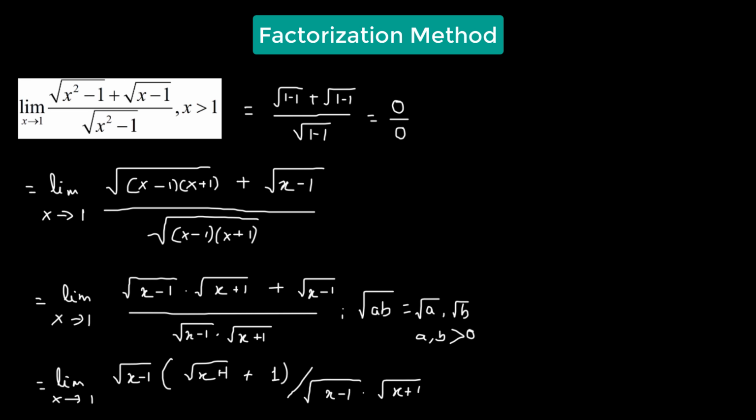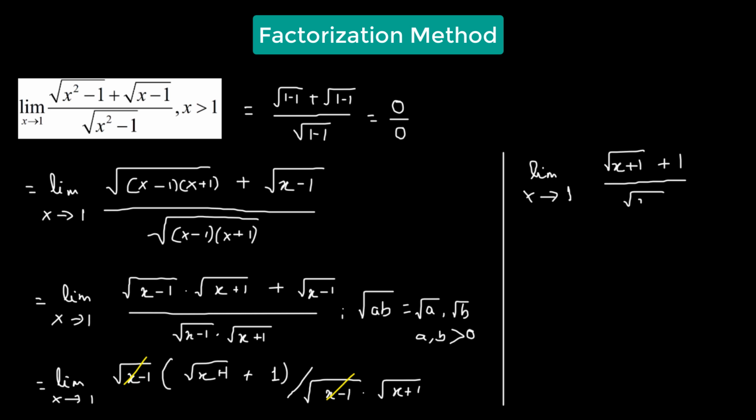Now we are going to get rid of the square root of x minus 1 from both the numerator and the denominator, and that is going to leave us with the limit as x approaches 1 of the square root of x plus 1, plus 1 in the numerator, divided by the square root of x plus 1 in the denominator.